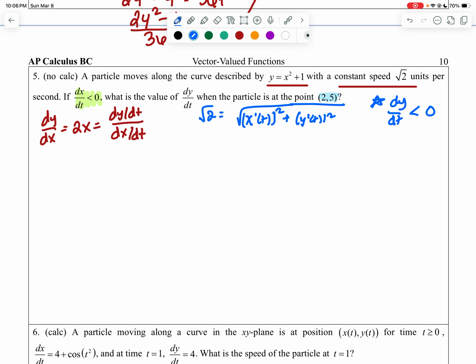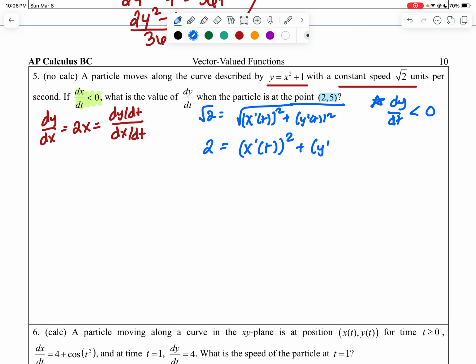So not a lot of things to work with here, but what we do know is that if I were to look at this, I could probably remove the square root symbol.